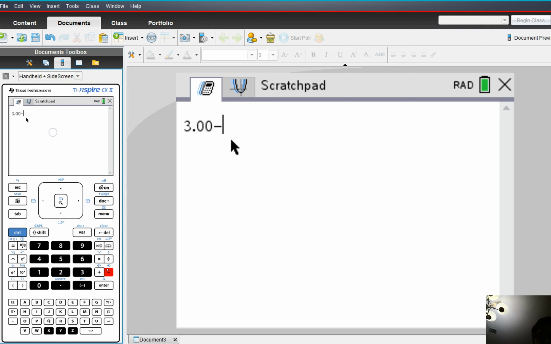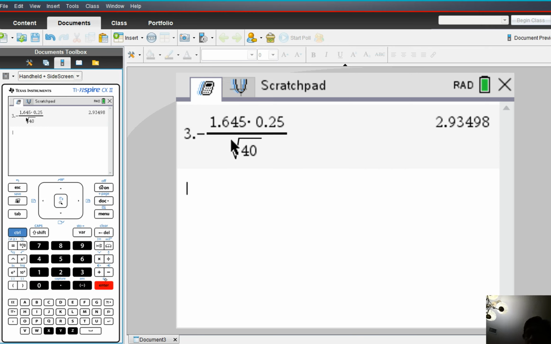We start with 3, minus 1.645 times the standard deviation 0.25, and then divided by the square root of the sample size, which is 40. Hit enter, so it's 2.935.